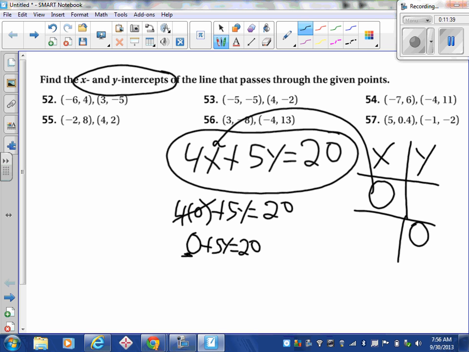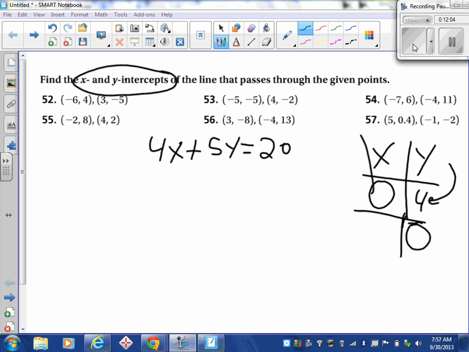I need to get the y by itself, so I have to divide both sides by 5. That cancels out, and I get y equals 20 divided by 5 is 4, so that 4 goes right there. Now I have the y-intercept.